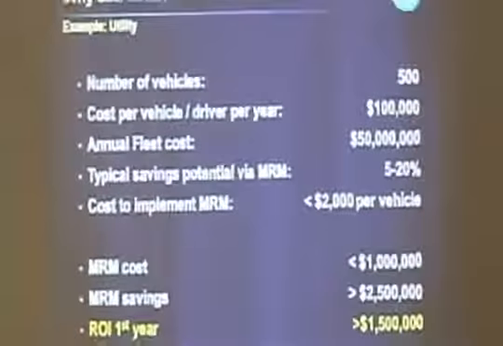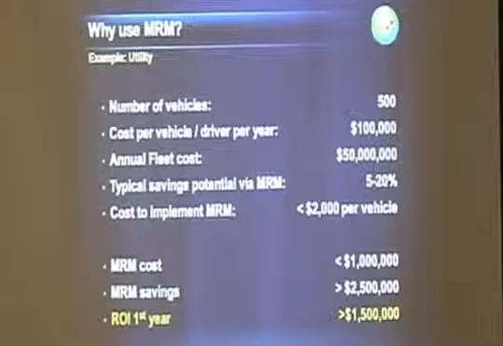I want to use a little example. Even though it's fabricated here, it is real because it is based on experience that we have in the field, and it's based on numbers. The vehicle fleet size of 500 vehicles that I'm using is actually not very high. Semper Energy has about 5,700 vehicles in its fleet.